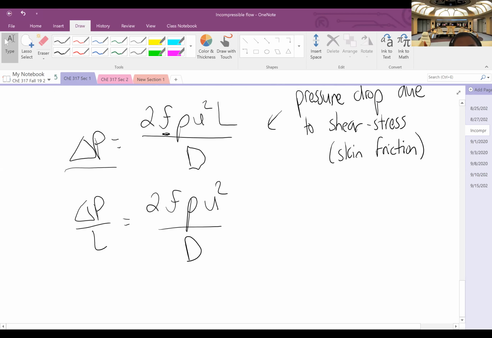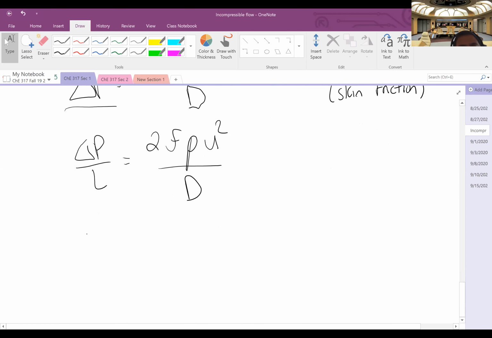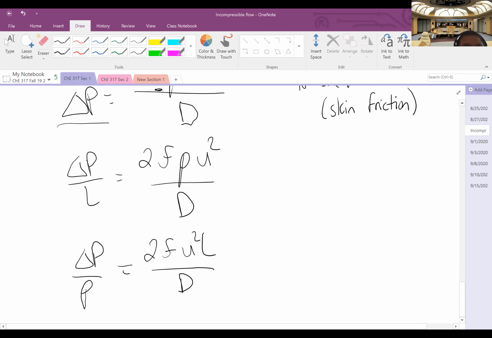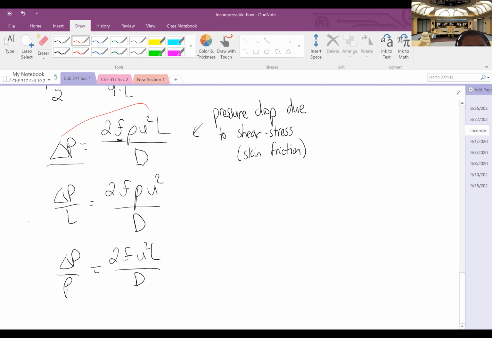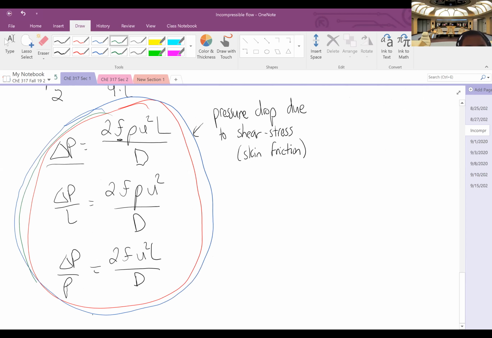And if I wanted to solve for pressure drop over density, because that's the typical form we see it in the energy balance, it simply looks like this. So definitely keep these expressions in mind because they are extremely important as we quantify frictional dissipation. If I have a flow-through system, any skin friction as a result of shear, we can quantify it using these expressions.